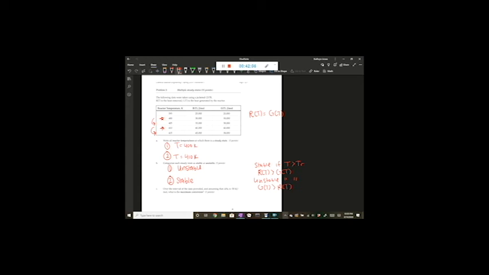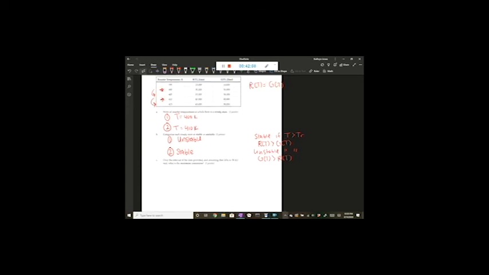Now, for part C, it asks, over the interval of the data provided, assuming that delta H of R is -50, what is the maximum conversion? Now, maximum conversion occurs when G of T is maximized. So we're looking for where dG of T/dT is equal to 0.